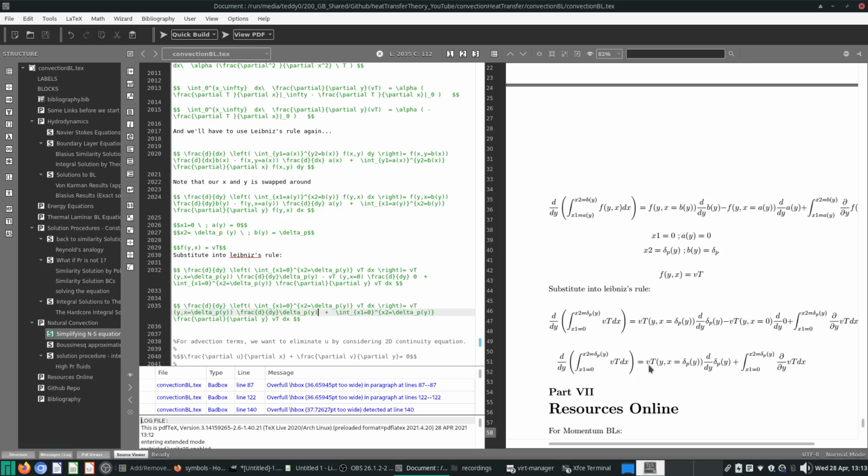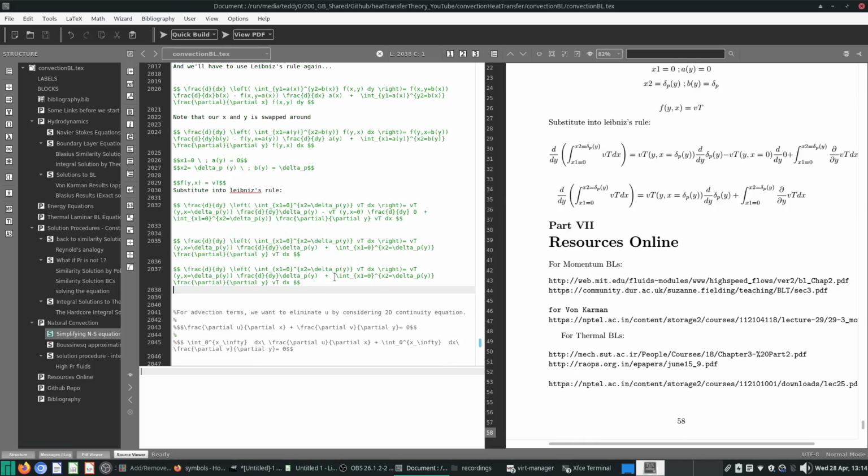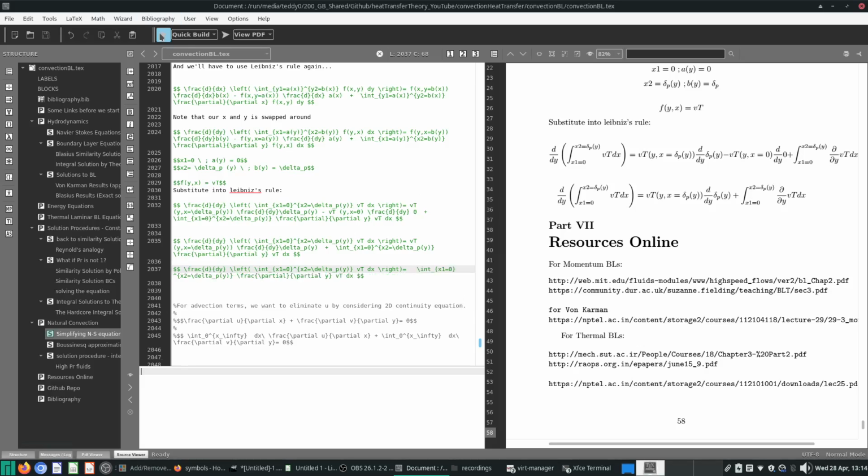So again, when we are at the boundary layer thickness, this term actually becomes very small because it's the product of v and t. This v will become 0 at the velocity boundary layer or momentum boundary layer. So actually this term here will also drop out, thankfully. Normally we cannot just switch the integration and differentiation parts.